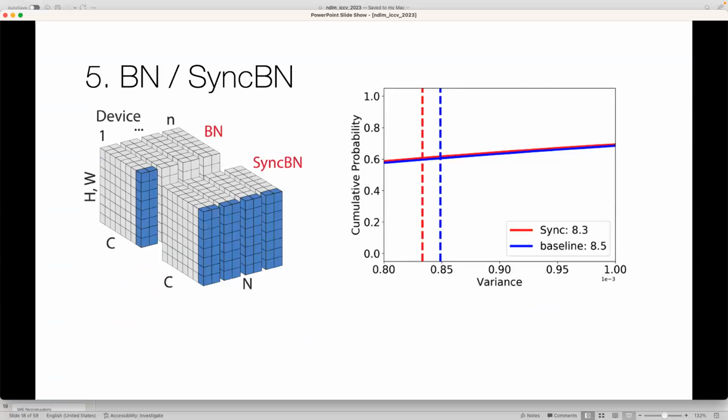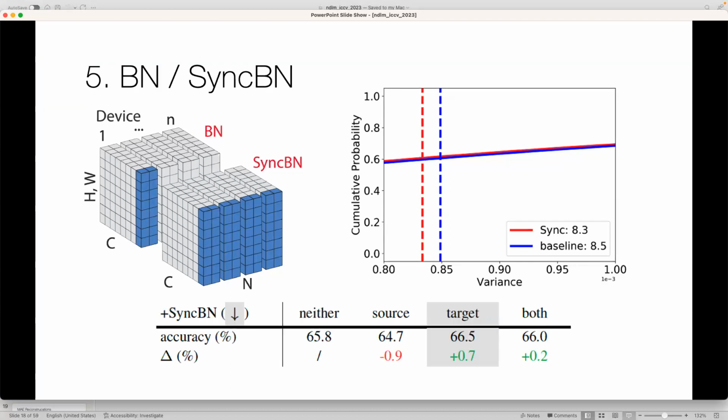And beyond the augmentations, we tried something more technical. One is to compare batch normalization with synchronized batch normalization. By definition, synchronized batch normalization will have a smaller variance, and we find that it helps when plugged in on the target side.